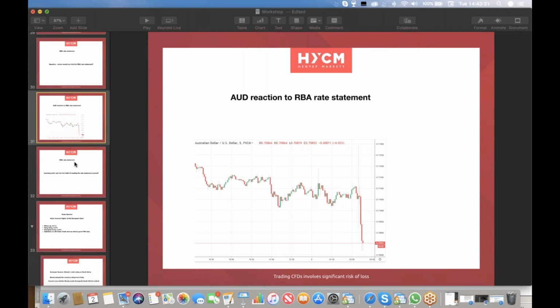It wasn't like they said the situation is much worse than we thought, we're going to take longer to raise interest rates. That's an obvious sell. Or like they said our situation's really good, we're going to be more likely to raise interest rates now than we expected earlier. Then you see the Australian dollar buy. So what you're looking for as a currency trader is a reaction that is not expected.